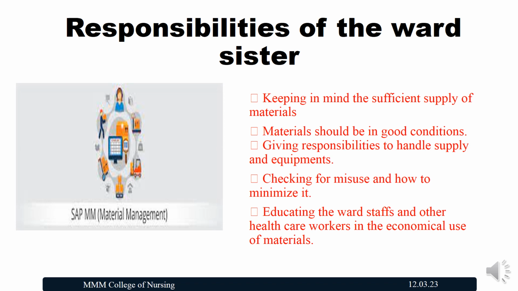These are all the important responsibilities of the ward sister: sufficient supply of materials in good condition, sharing the responsibility to handle the supply and equipment, checking misuse and how to minimize it, and educating the ward staff and other healthcare workers for the economical use of materials.